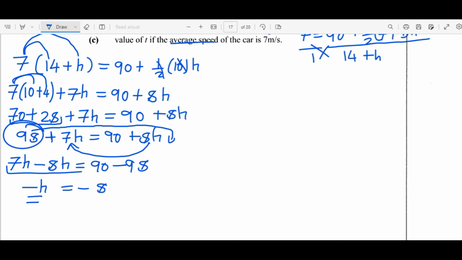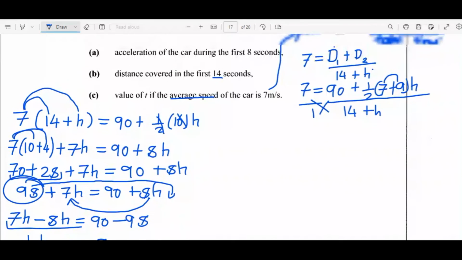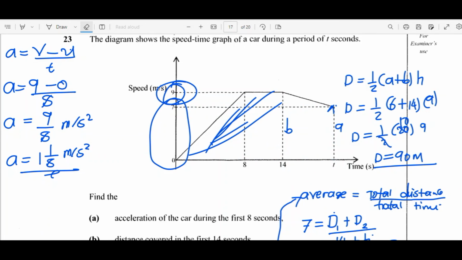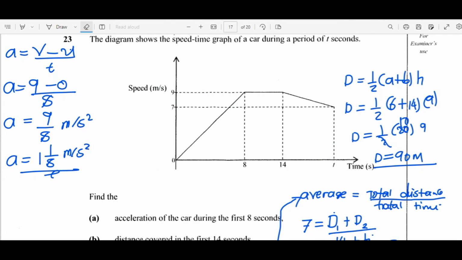So I divide by negative, divide by negative, so h is equal to 8. Then I'm going back to my diagram. From 14 up to t, there is a value of 8. So 14 plus 8, meaning at this point we have 22. T is equal to 22.